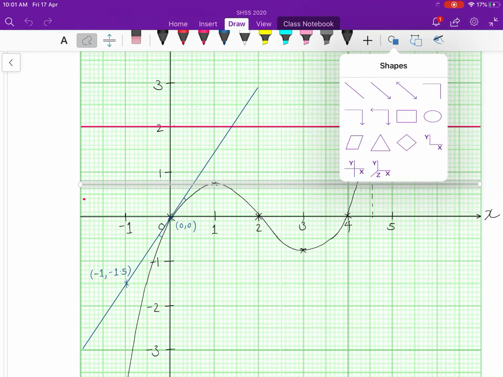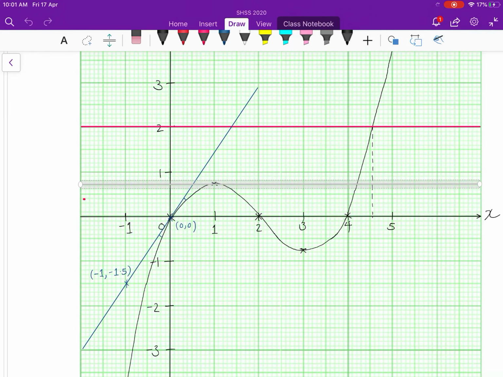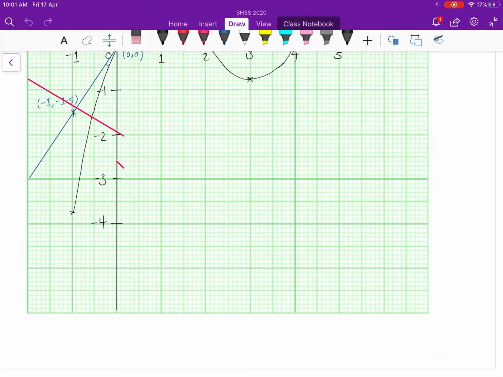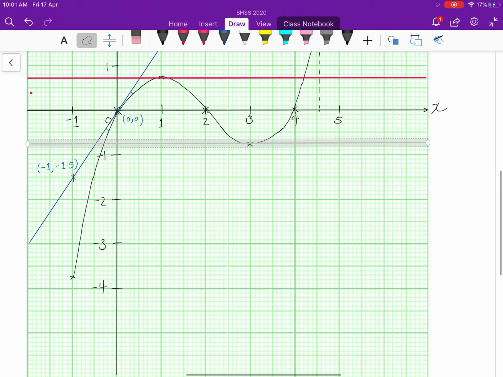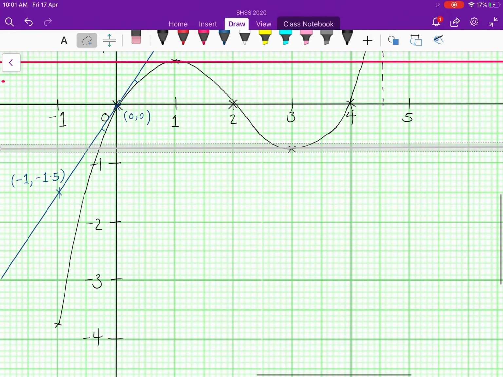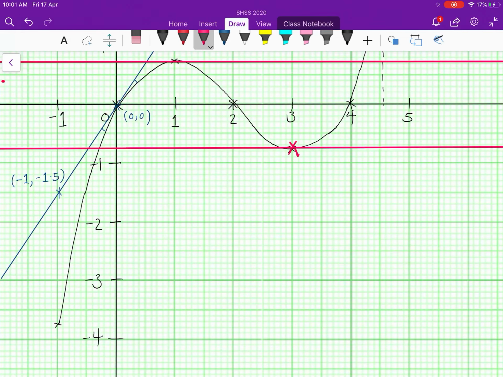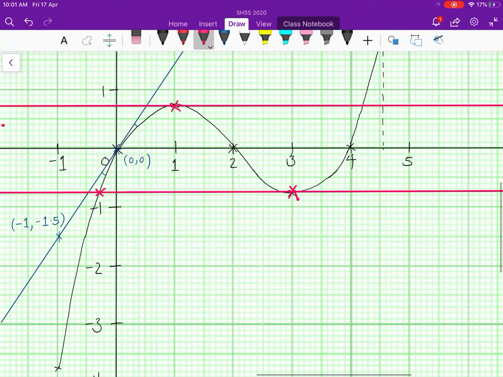And the next line is here, negative 0.75, because it will cut the graph at 2 exact points as well. One here and another one here. One here and another one here.